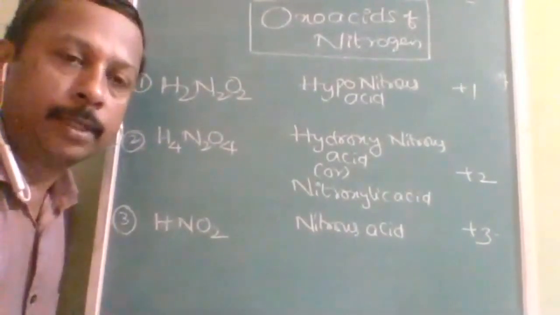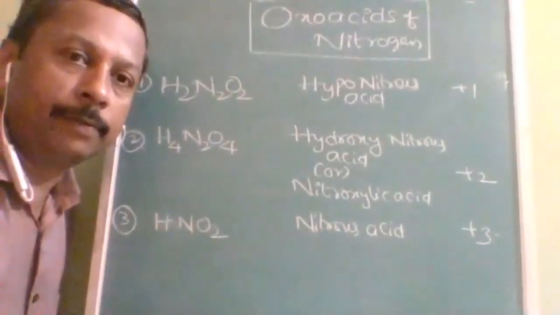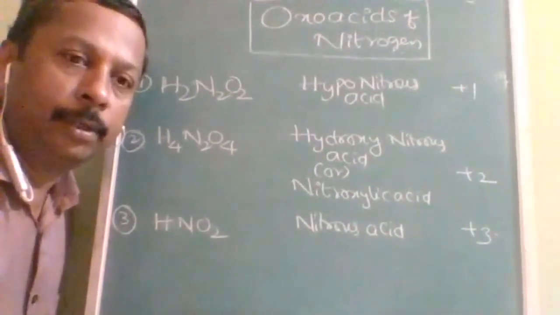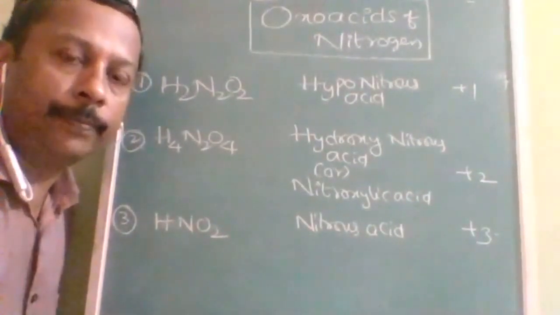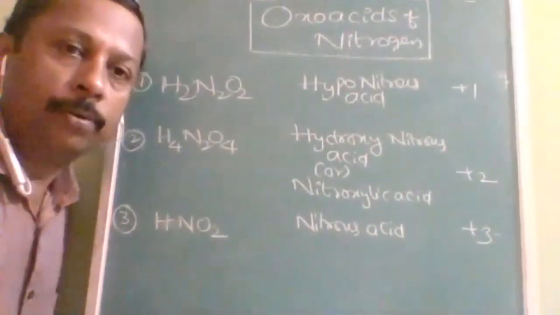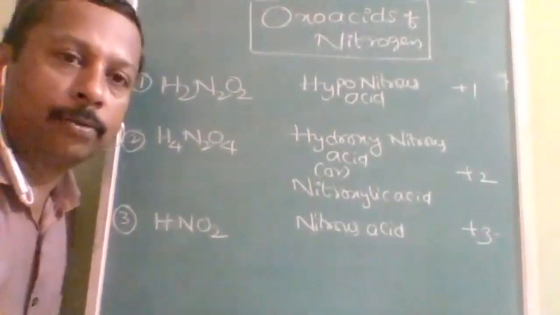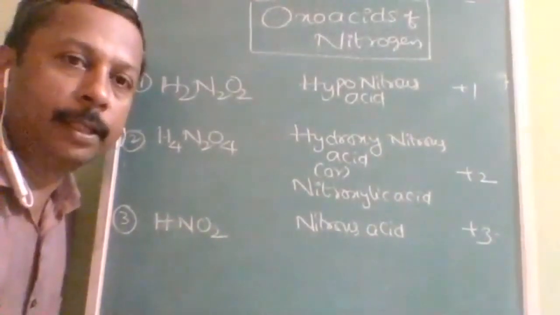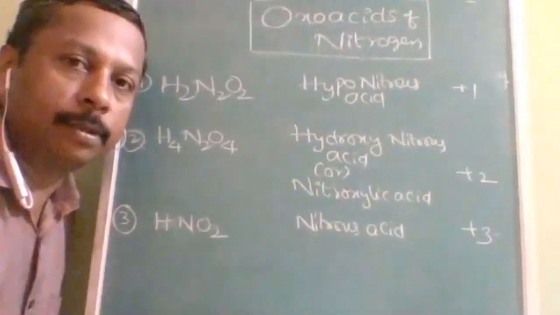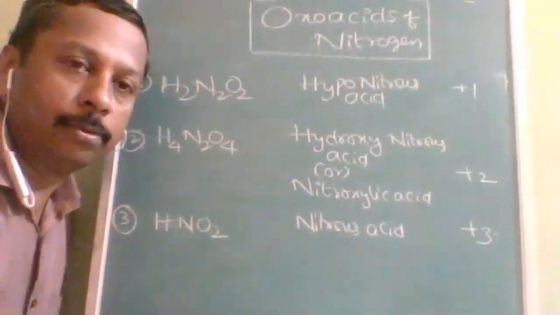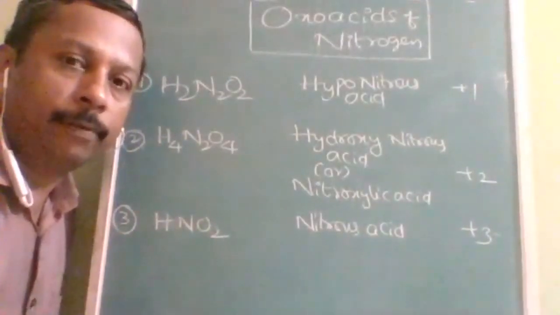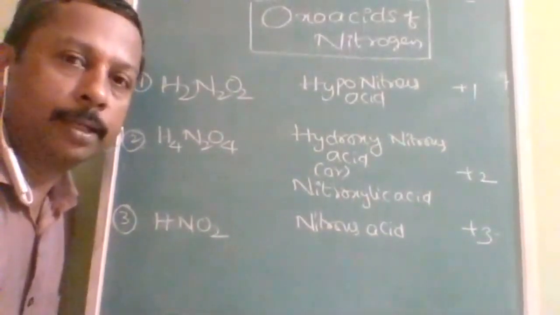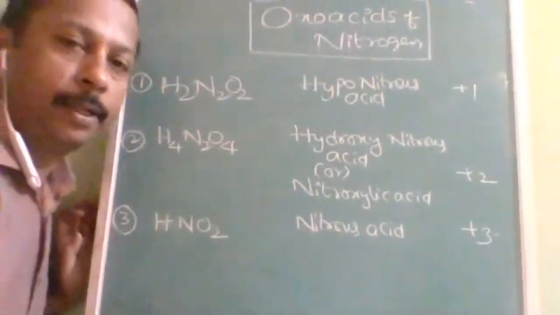So with just the words oxo acids of nitrogen, you have to go through it thoroughly. I am giving you all the oxo acids of nitrogen, which is not available in a single book. After referring to many books, I have made this lecture, so it is a combination of a few books. So let us start with the oxo acids of nitrogen.